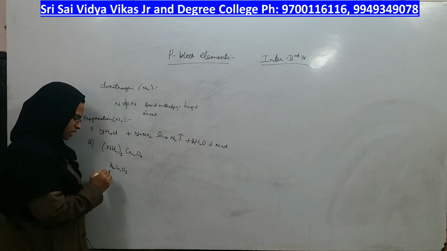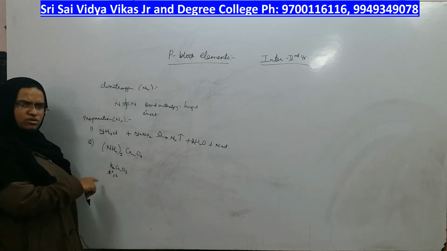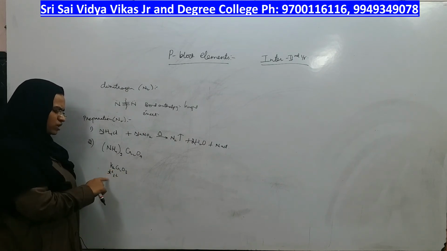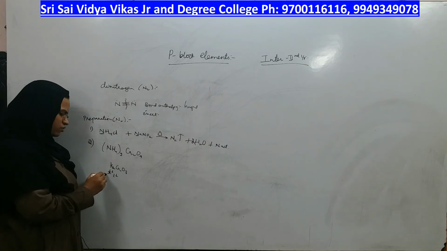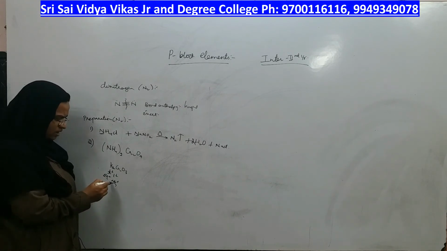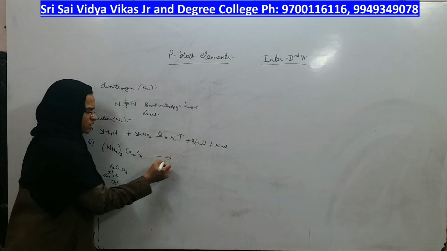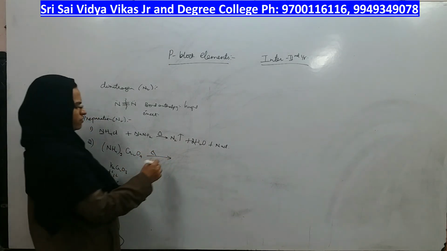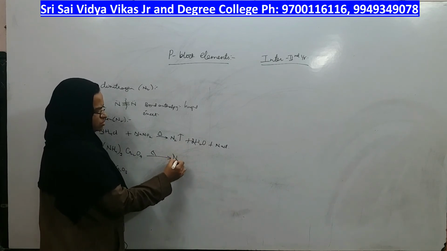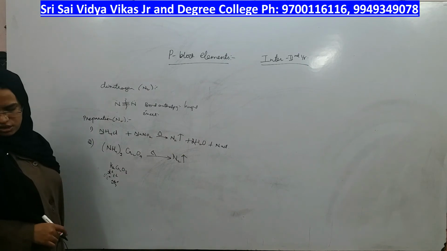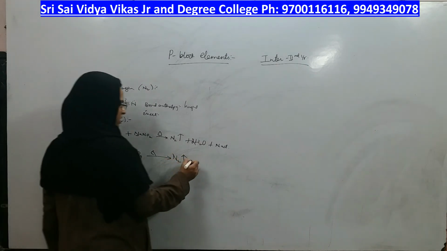That means 2 K plus ions are there. That is called potassium dichromate. Instead of taking 2 K plus, if you take 2 NH4 plus, there are 2 nitrogens. One nitrogen from here, another nitrogen from here. If you heat ammonium dichromate, nitrogen from 2 ammonium ions combines to give you dinitrogen along with water and chromic oxide.